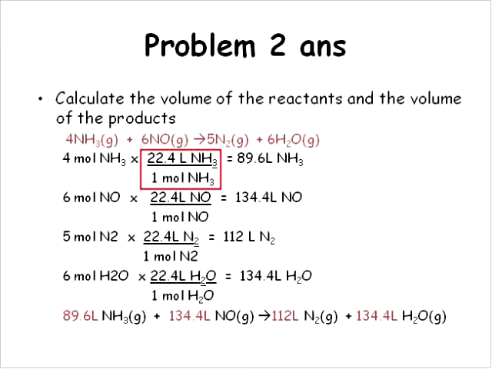And so what we would have here would be 89.6 liters of NH3 combines with 134 liters of NO, would give us 112 liters of nitrogen and 134.4 liters of water. And again, here we have the conversion, and all these conversions are the same, because 1 mole of any gas equals 22.4 liters. They're all the same.